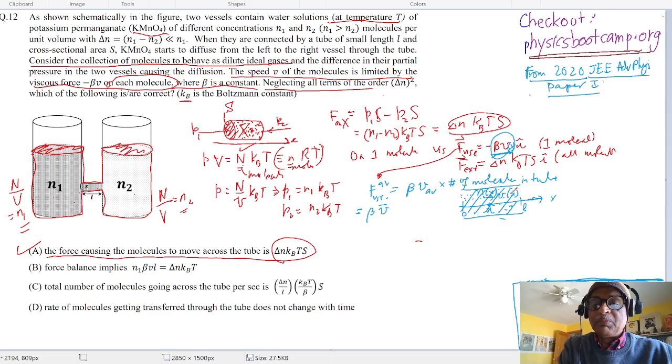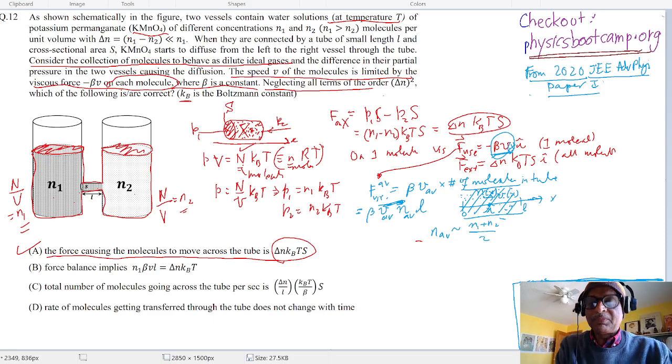I have to think about the number of molecules at some average density in the tube. So let's keep it average because that's easier to think in terms of n average. Well, what's n average? We're talking average V times n together, and that can be quite complicated, it depends on what the distribution is. So one way to think about this will just be n1 plus n2 over 2, something like that.